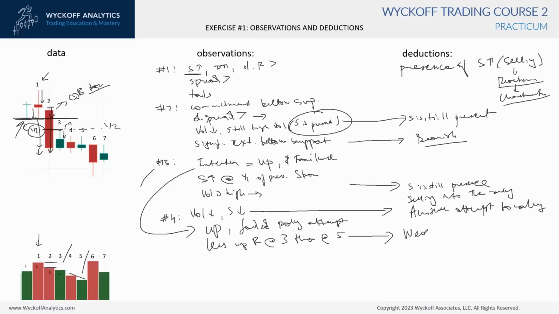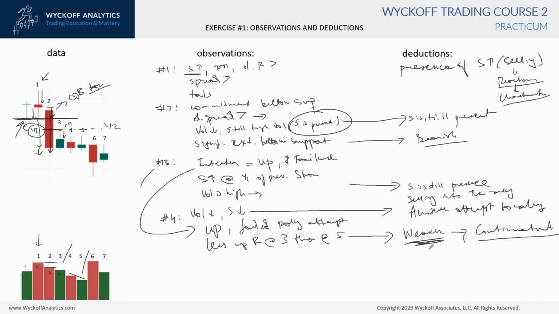Definitely weaker. And if the rally attempts are becoming weaker, then our expectation is going to be for a reversal or a continuation. Definitely continuation. Right? So if we have weaker attempts to rally, we can't expect a reversal, right?